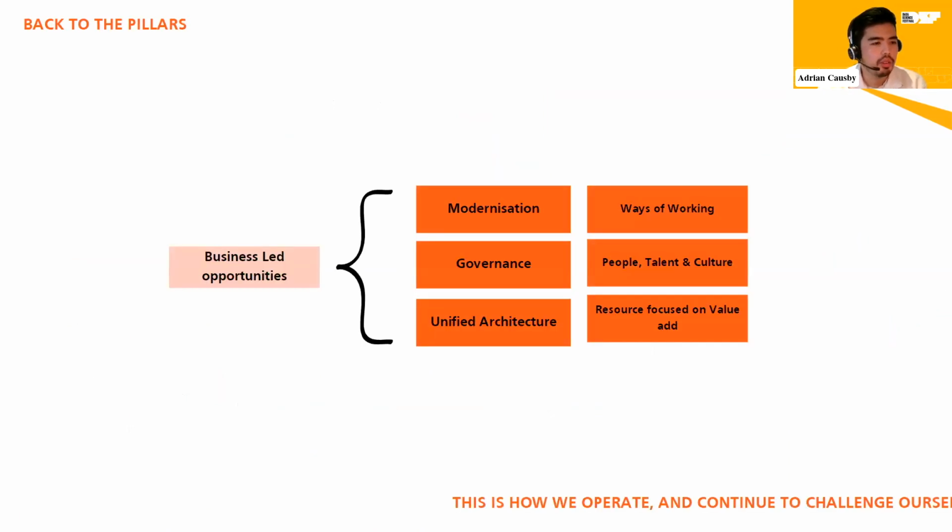Overall, going back to the pillars, we've modernized by creating a serverless application for the traders. We've focused it on a business-led opportunity for the traders. It's very important for the traders to predict the market, and we focus on governance and architecture, a way of working, and we adopt an ownership model. People are good at what they do, so they own the tool and develop it themselves.